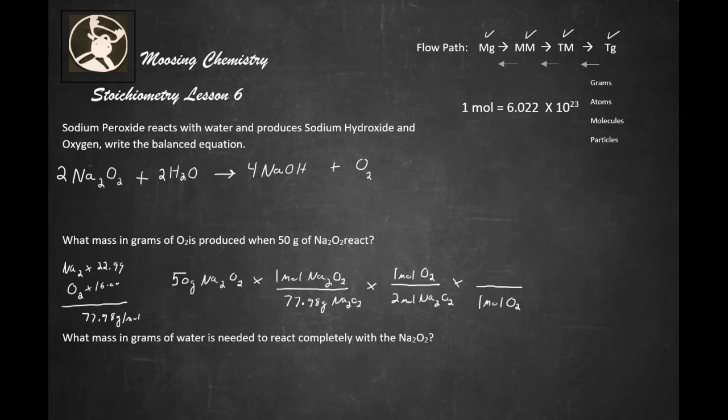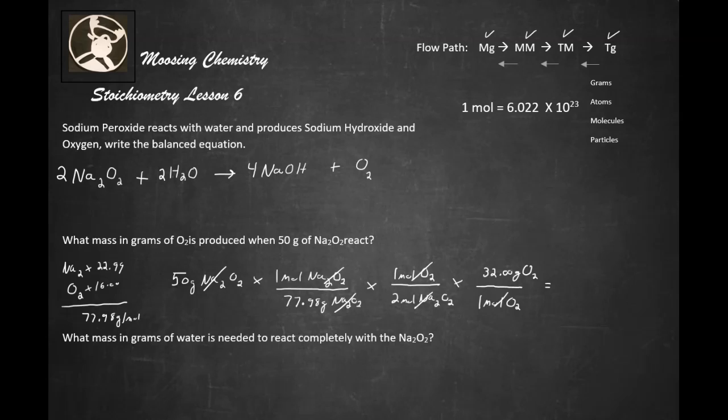So we're going to put 32 grams. You say oxygen 16 grams, but this is diatomic oxygen, right? It's because it's O2. So now we can cancel our common units. And that's what we're going to do right now. And then we're going to take our old calculator and we're going to figure it out. So we take 50 divided by 77.98 divided by 2 times 32.